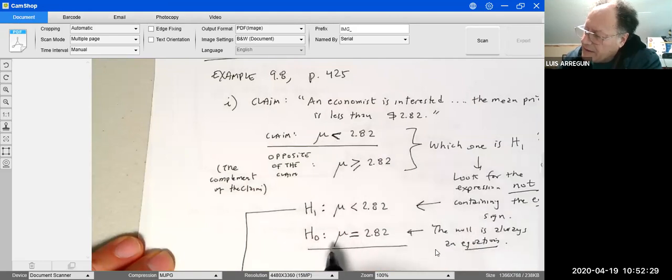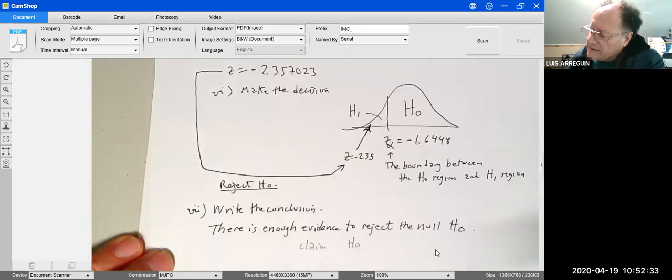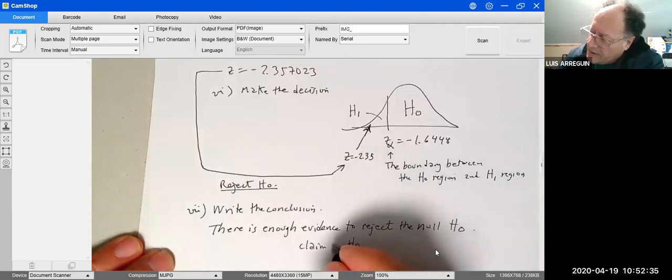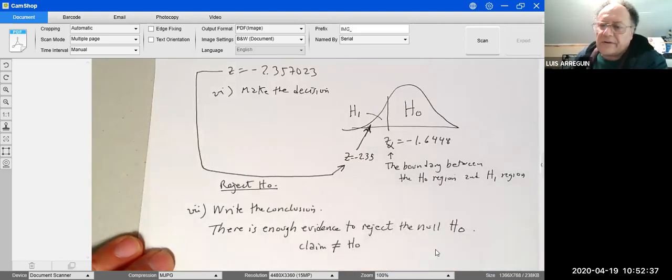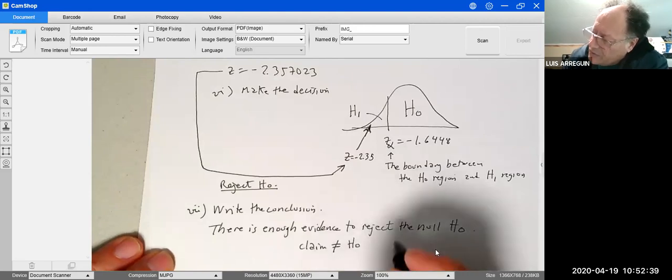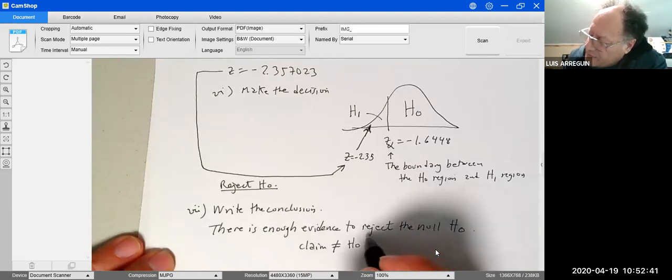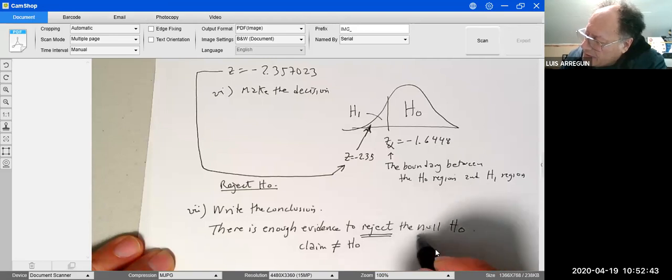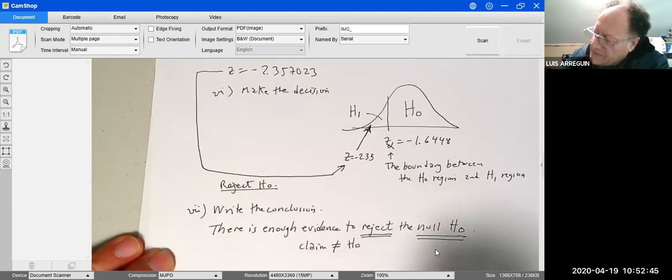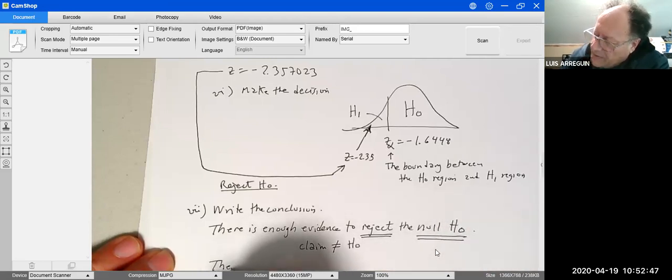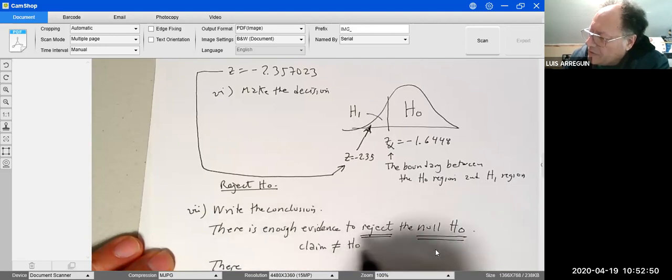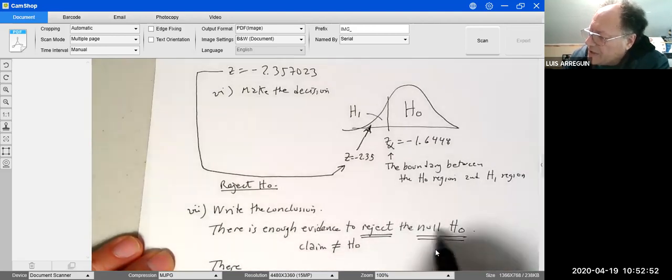You can see the null mu equals 2.82. So you can see that the claim and the null are different. When they are different, you need to change this verb and this subject. When they are the same, you don't change the verb, you only change the subject.